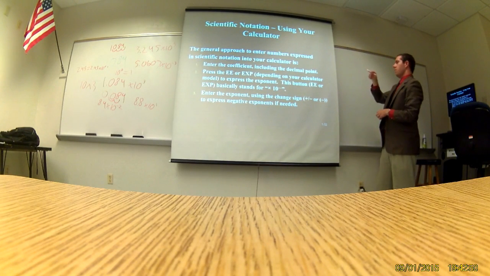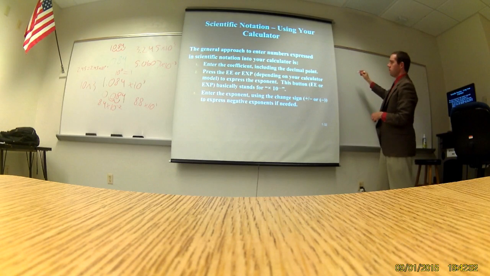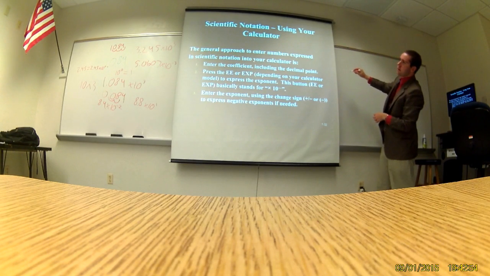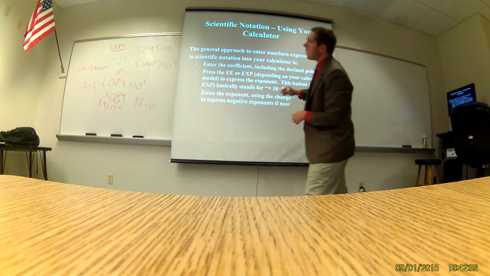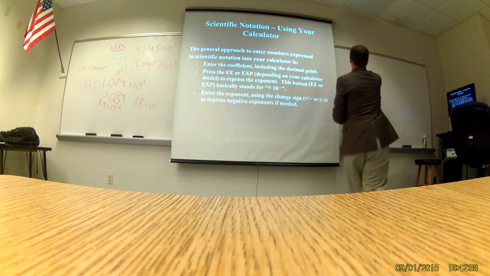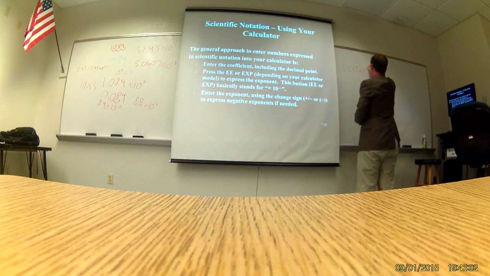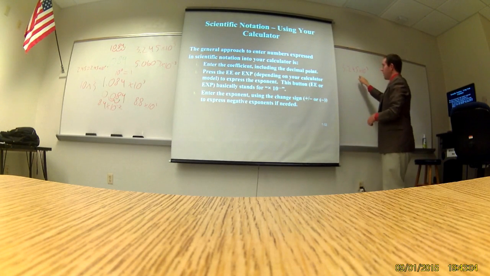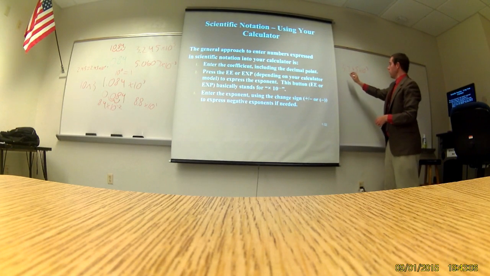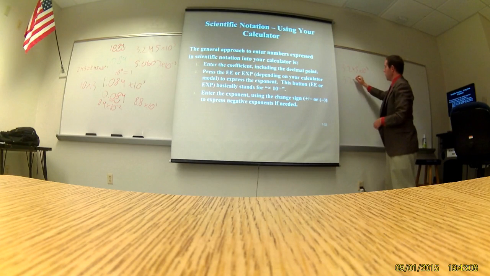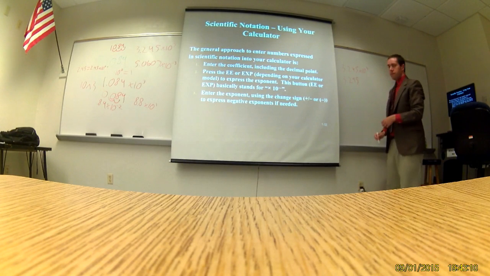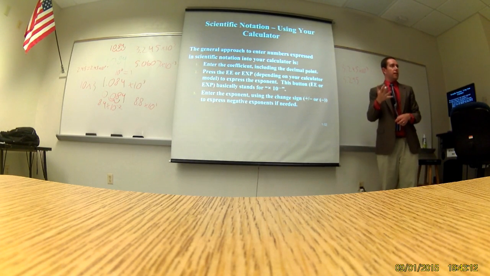Let's do 3.245 times 10 to the third. If we wanted to put that into our calculator, we could do 3.245, and then I think Texas Instruments generally have an EE button.